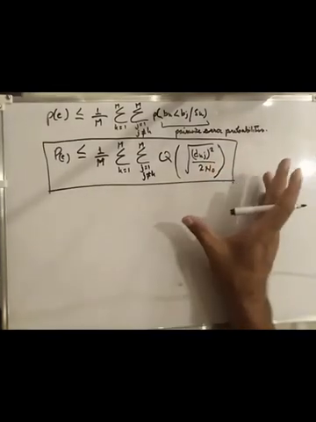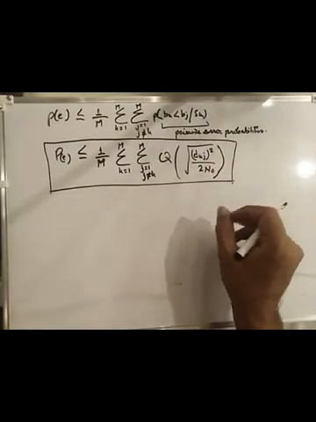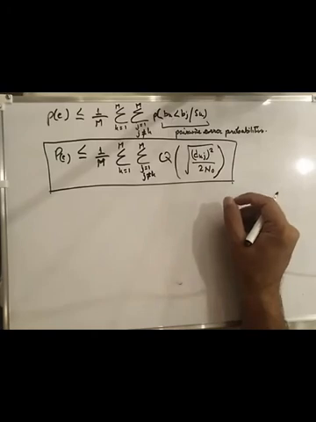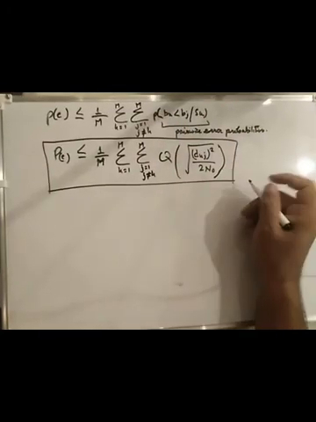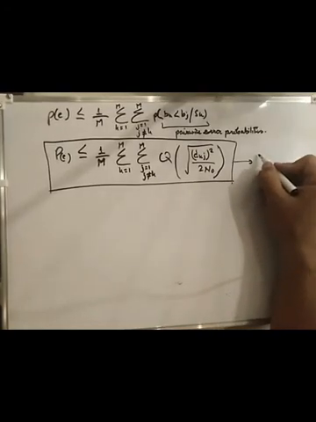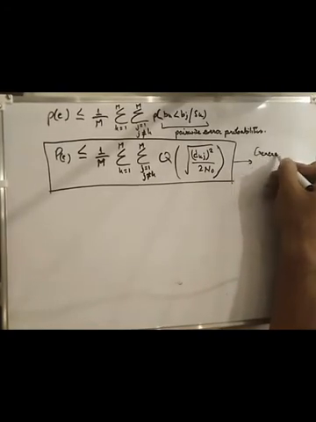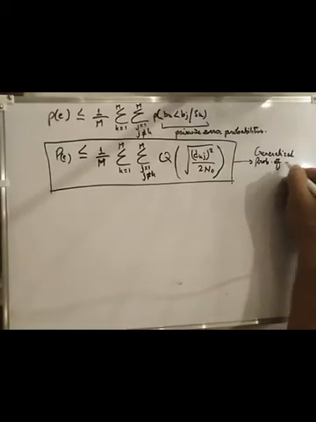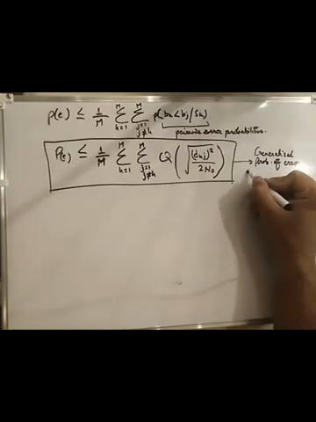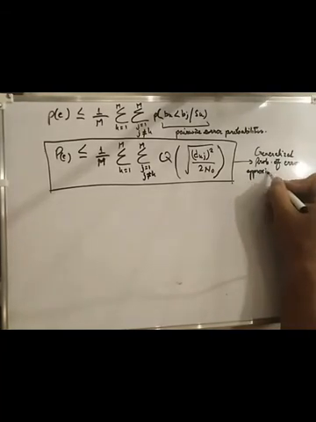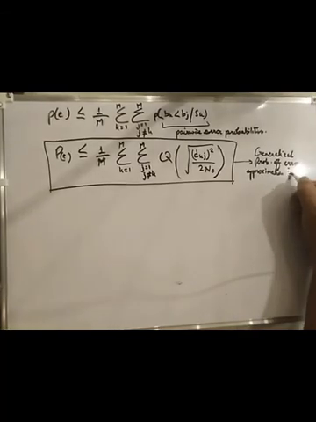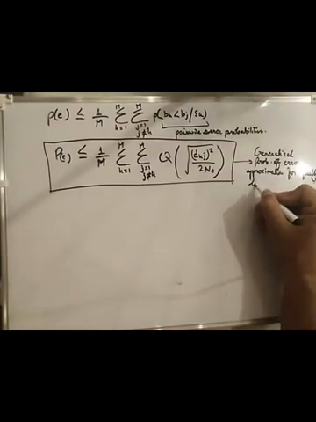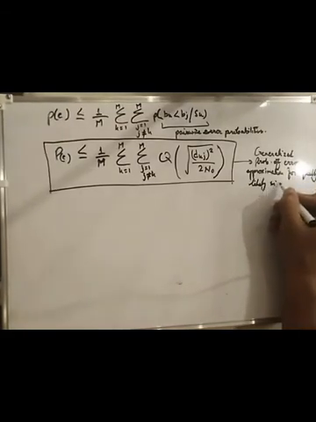This is the generalized expression. I haven't talked about the specific modulation scheme as of yet. For the general expression, this is what you are going to use, and you may call it the generalized probability of error approximation for equally likely signals.